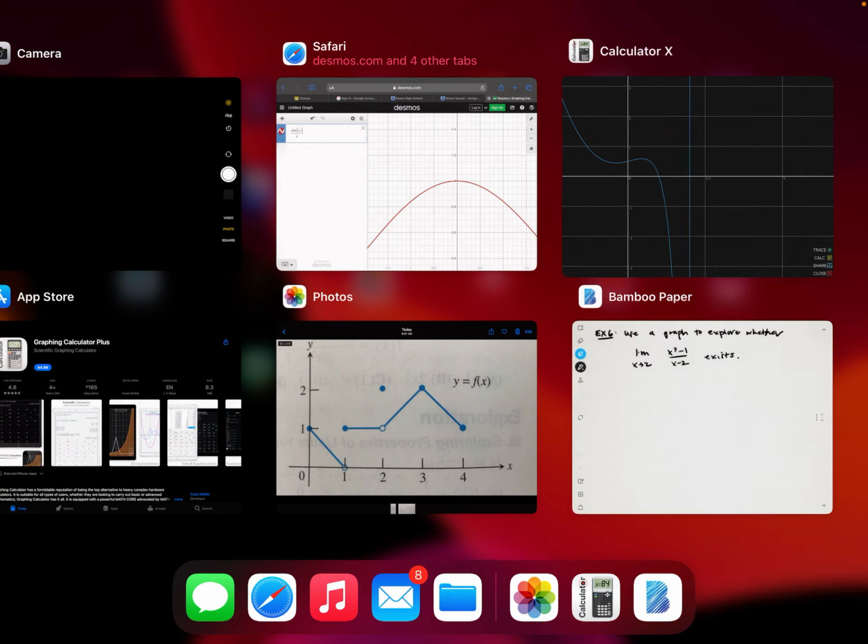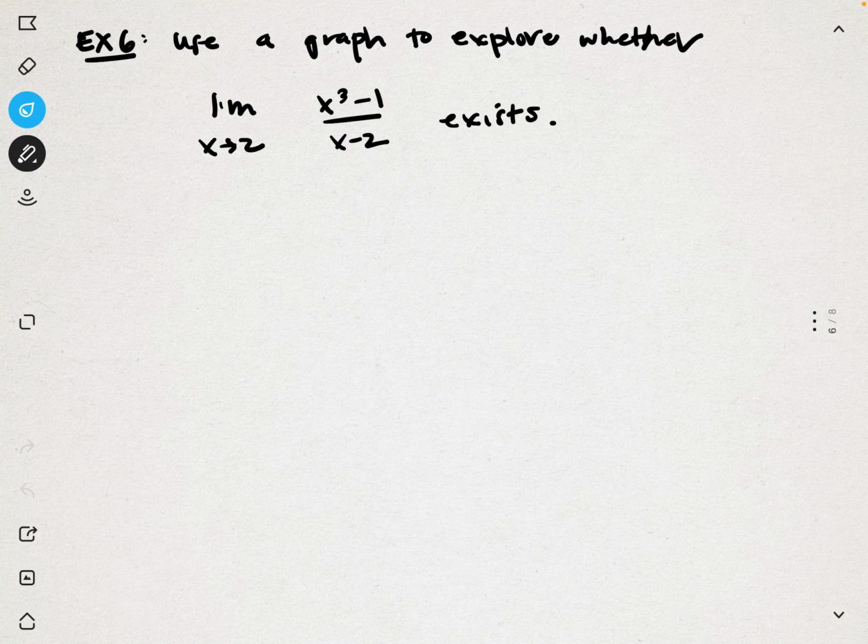Okay, so let's go over here. The limit as x approaches 2 of x cubed minus 1 over x minus 2 is 0. So you're just going to graph it. You're going to try to figure out where the graph is at 2, even though you can't click directly on it, and tell me what the value looks like it's approaching.